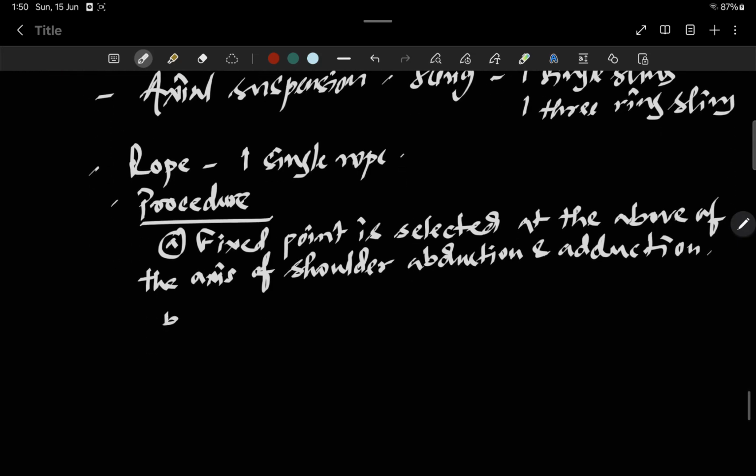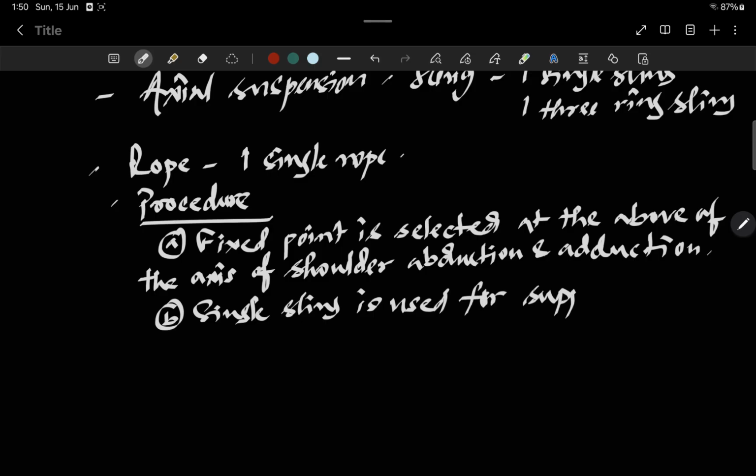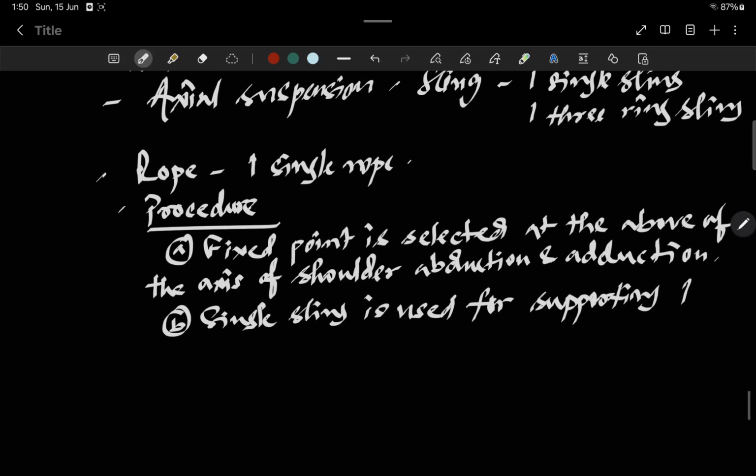Next, the single sling is used for supporting the elbow joint.